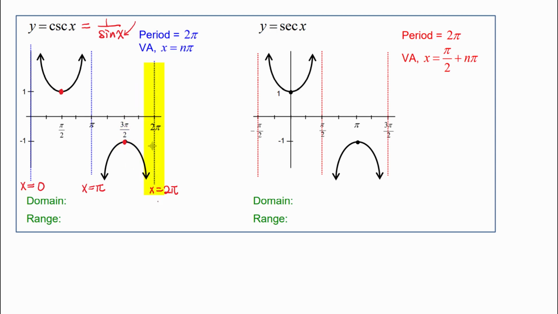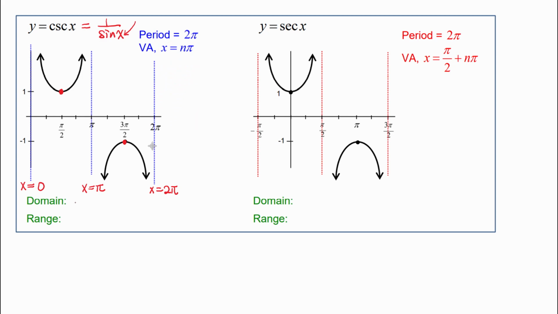And last vertical asymptote, x equals 2 pi. So you can see again, the period is 2 pi. And you can see one whole cycle of y equals cosecant x goes from 0 to 2 pi. And vertical asymptotes occur at 0, pi, 2 pi, therefore x equals n pi.